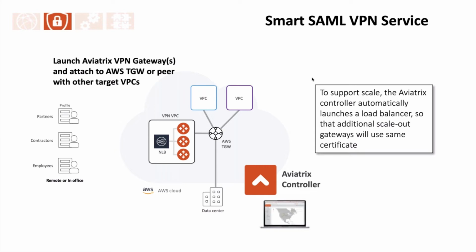The real benefit of doing that is when you spin this up with a load balancer, you'll have one single certificate so that you don't have a certificate for each one of the gateways. You'll have a single certificate for the load balancer. And then as you expand and you need to scale out and add more gateways because of more users needing to access, this will allow you to maintain one certificate.